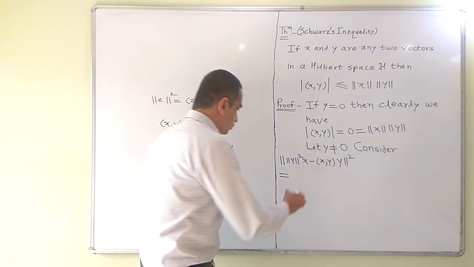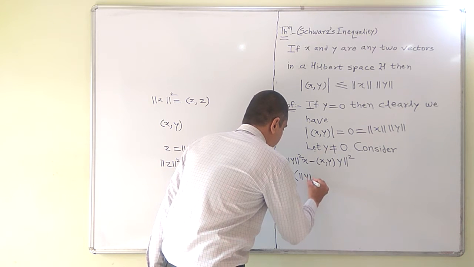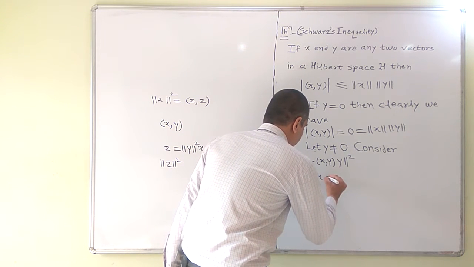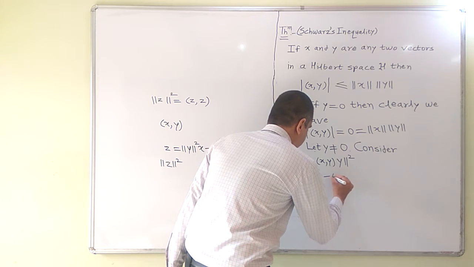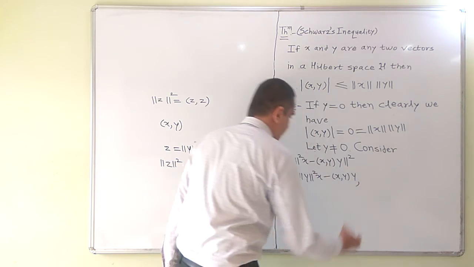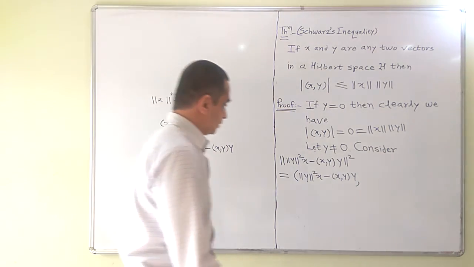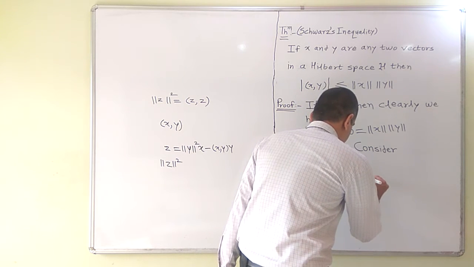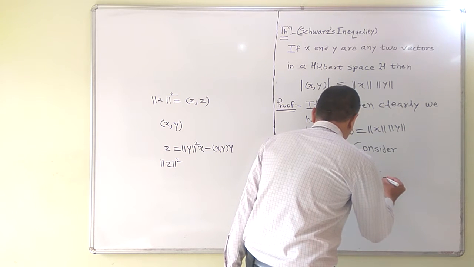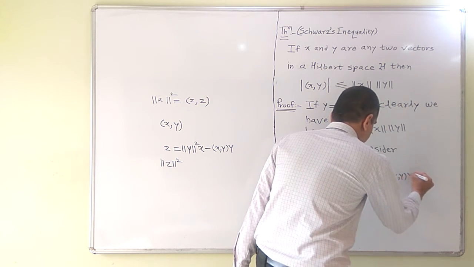So this is equal to inner product of norm y square x minus inner product xy times y, with itself. So same vector, norm y square x minus xy y.